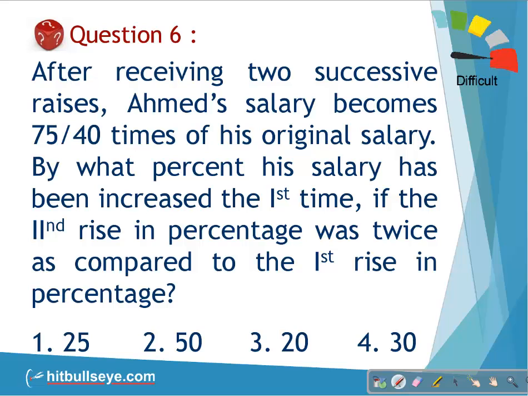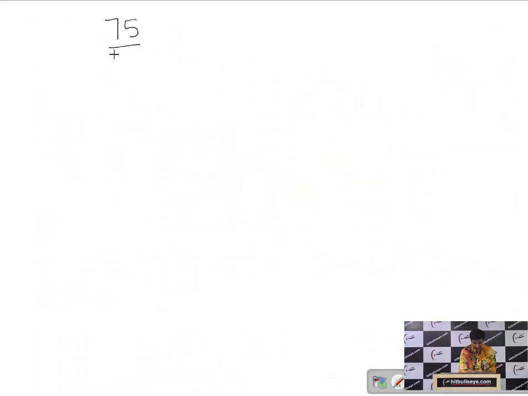What we know, his salary has become 75/40 times, which is practically 1 plus 35/40. Now 35/40 expressed in lowest terms is nothing but 7/8.